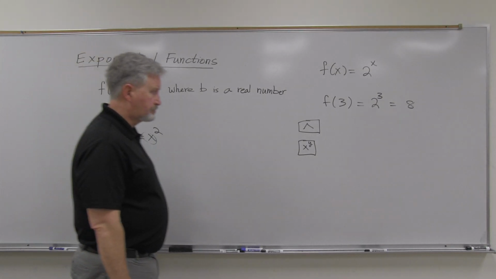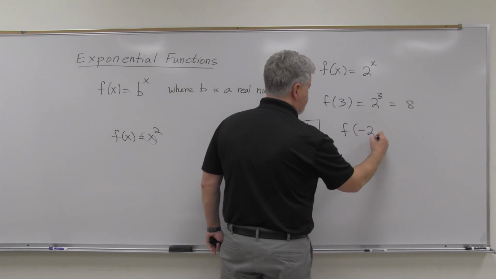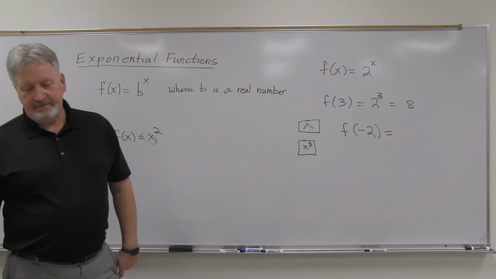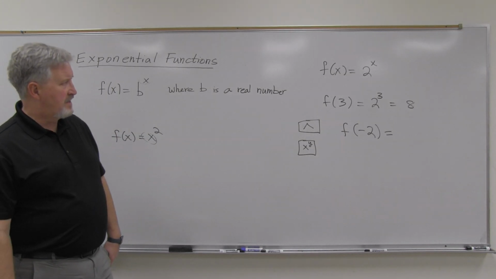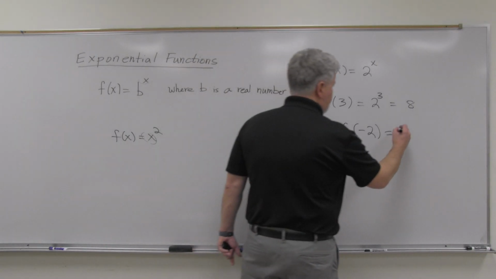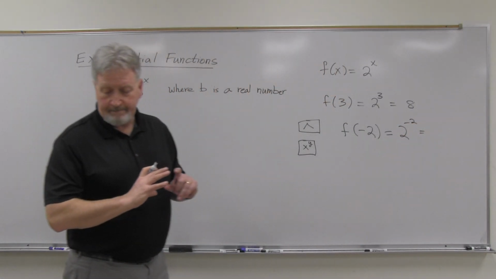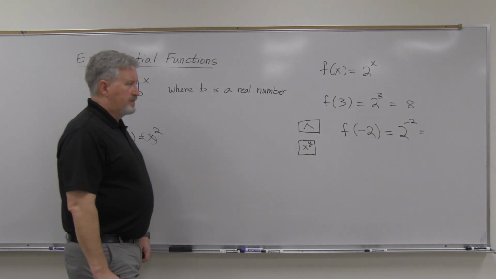Now let's talk about this one. f of -2. So that's 2 to the -2 power. When you punch that on the calculator, you get 0.25.